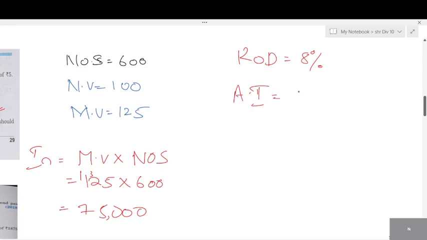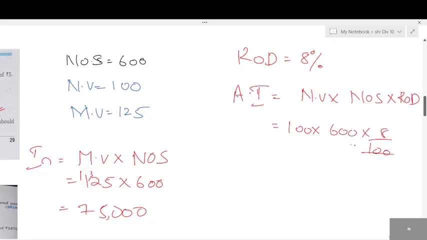Annual income is nominal value into number of shares into rate of dividend: 100 into 600 into 8 divided by 100. 100 gets cancelled. What's the answer you got? 4800? Yes, correct.